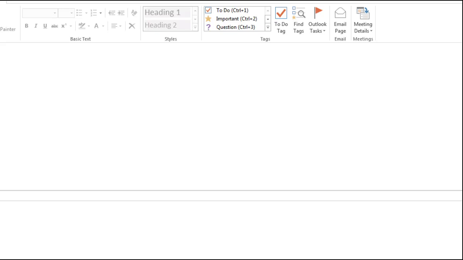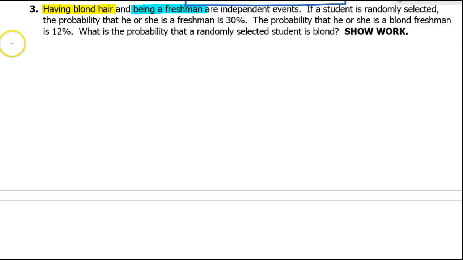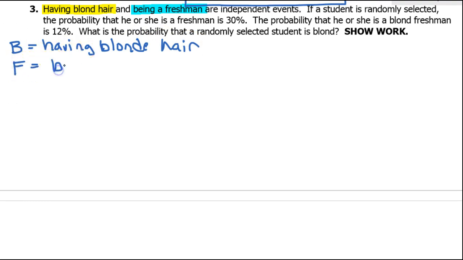So let's just go ahead and write that down. We will let the letter B represent having blonde hair, and we will let the letter F represent being a freshman.